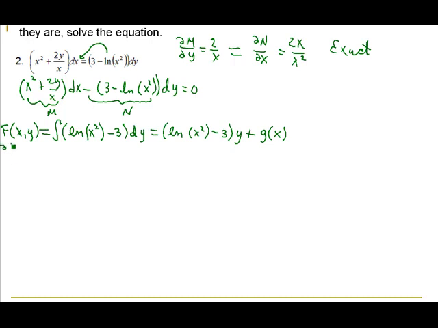Okay, and then to find the partial derivative of f with respect to x, then should be equal to m.